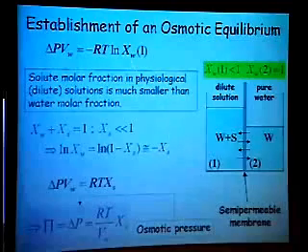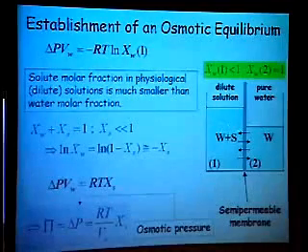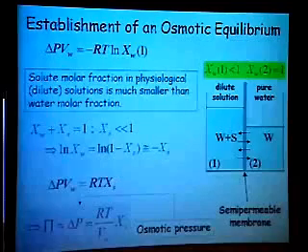If you put this back in this equation here, you get an equation in which you are relating the pressure difference on the two sides to the concentration or molar fraction of salt in this compartment.